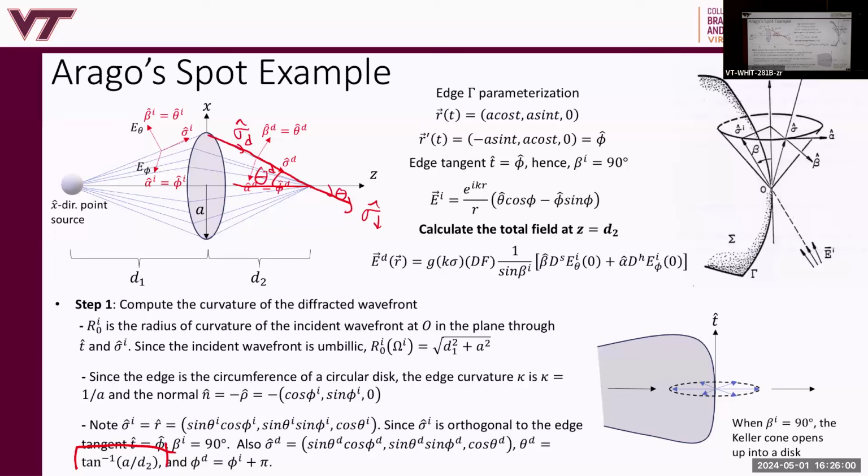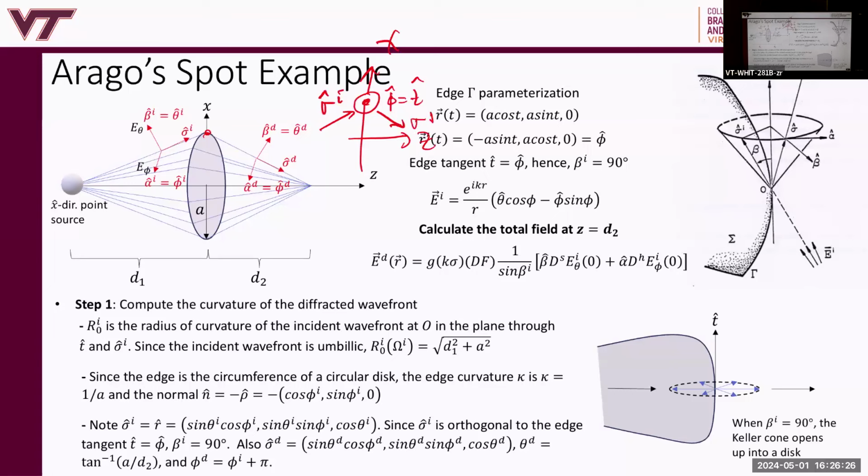One last thing that we have to figure out is what phi diffracted is with respect to phi incident. So if we look at this thing on its side, then here is z and here is x. At this point, this is the top point here. The phi unit vector goes like that, which is equal to t hat. And the incident, sigma incident hat is like that. Sigma diffracted hat is like this.